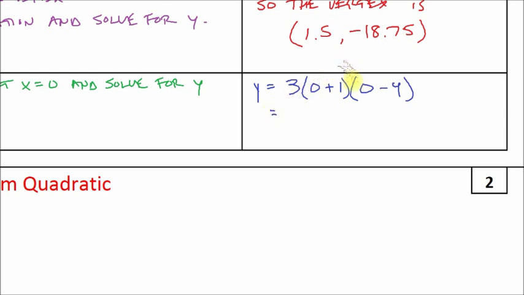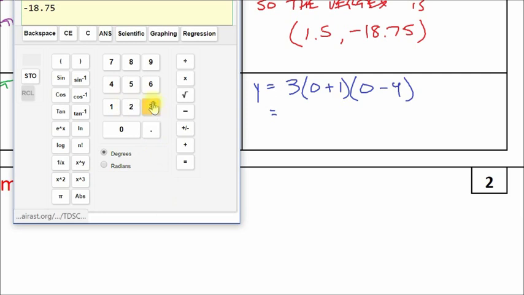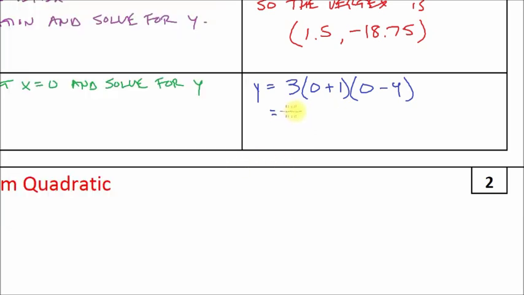And let's put that in our calculator. So I'll put in 3 and then in parentheses 0 plus 1, close parentheses, open parentheses, 0 minus 4, close parentheses, plus equal, and we have y equals negative 12.